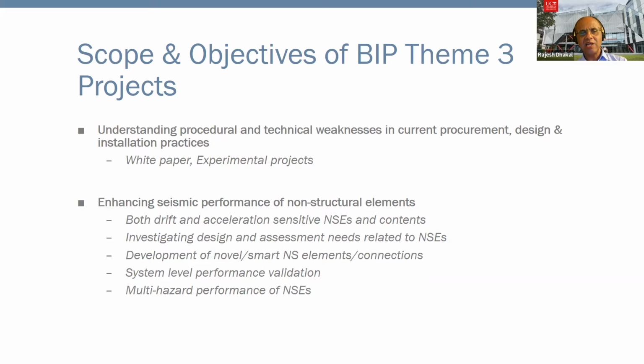One is understanding procedural and technical weaknesses. I highlight the procedural there because the weaknesses that exist are not just technical weaknesses. Even in terms of procedure, procurement, and installation practices, there are weaknesses. The aim is to understand those weaknesses so that we can address them in the next phase.